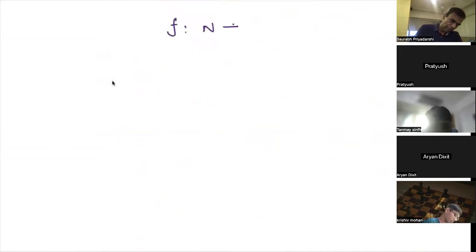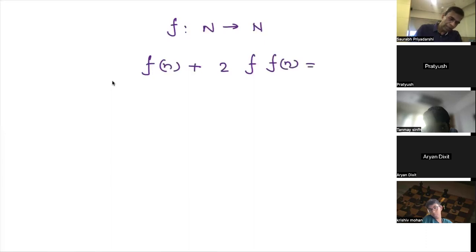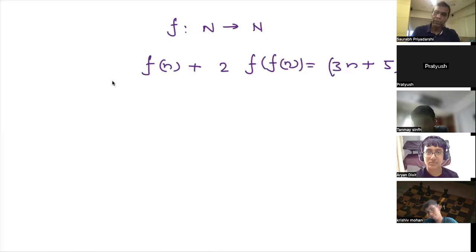Now I'm starting function equation, right? f from n to n, f(n) plus twice of f(f(n)). Last time we were doing the composite function in this form, f of f(n) form. So f(n) plus twice of f(f(n)) is equal to 3n plus 5.